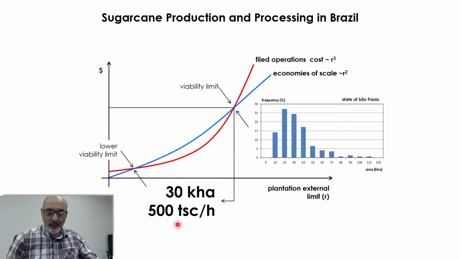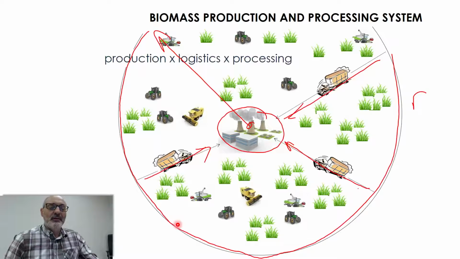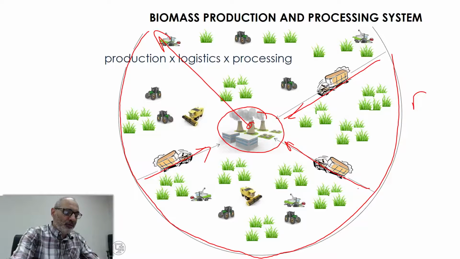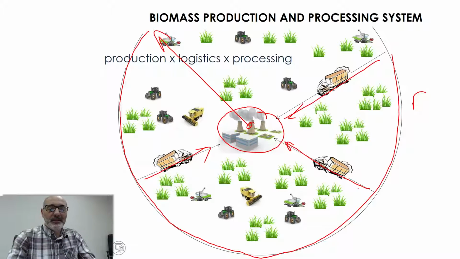Depending on the added value of your product, depending on whether it's sugarcane or another type of agricultural product, this viability limit, which for sugarcane is on average 20 kilometers, may increase a lot.